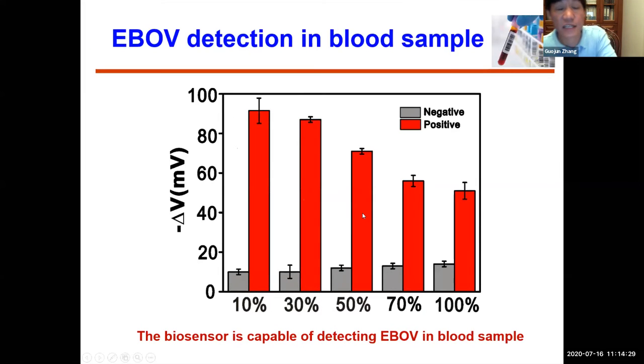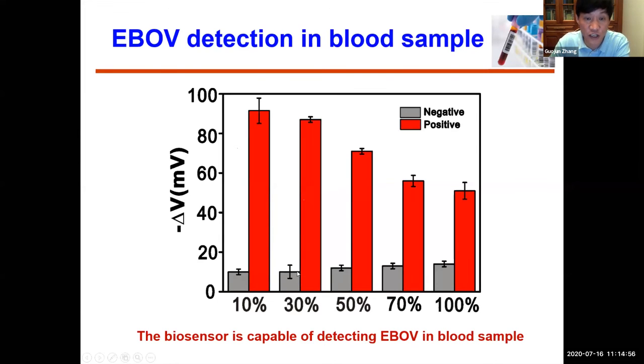The last experiment we did is to use this biosensor to detect the Ebola virus in blood sample. So we dilute the serum with different concentrations, 10%, 30%, 50%, 70% and 100%. And we spike different Ebola virus into this serum.